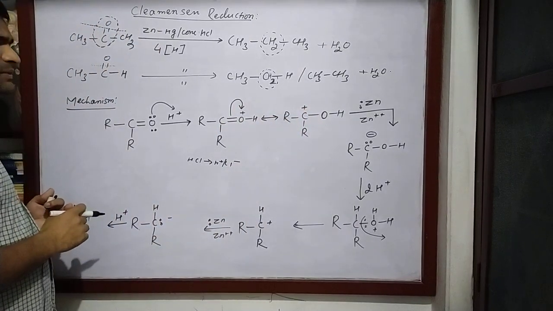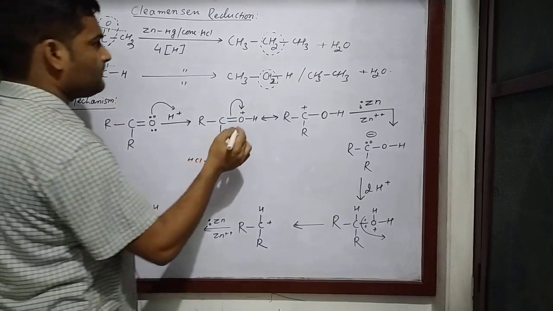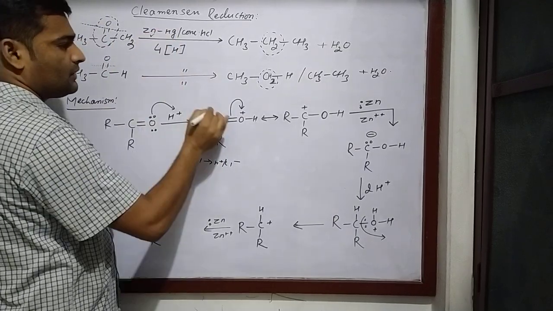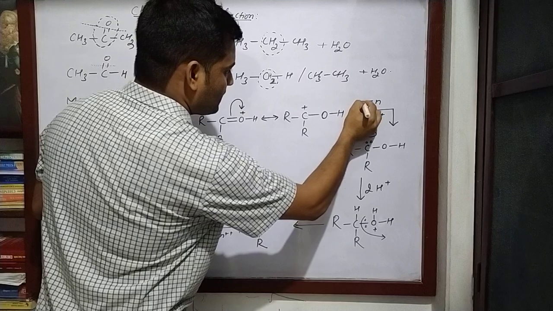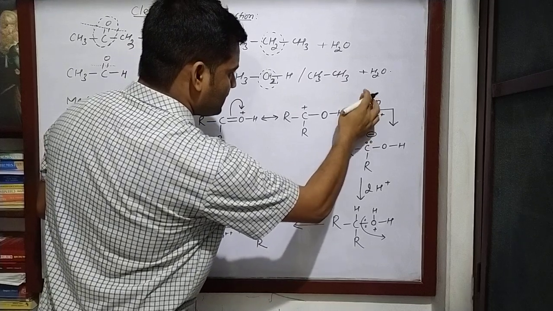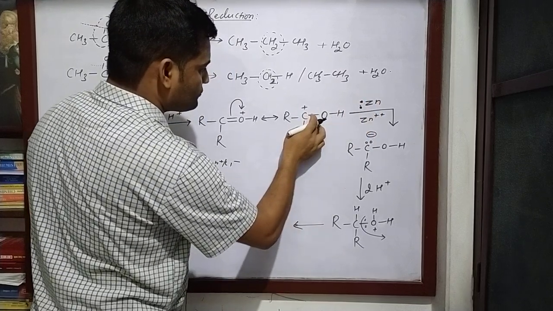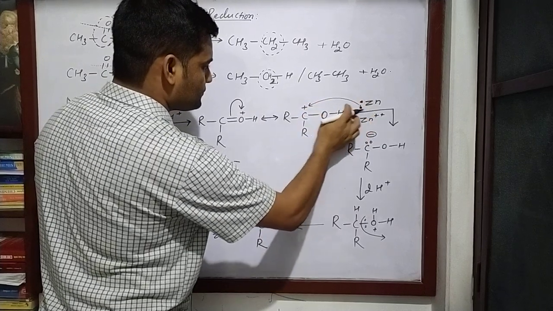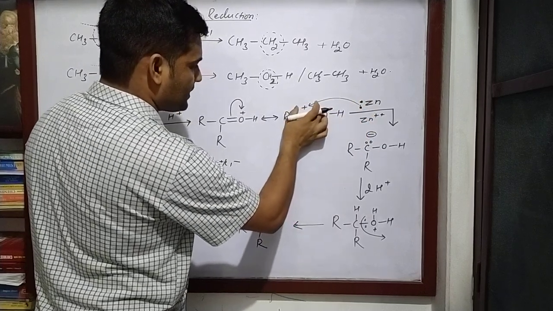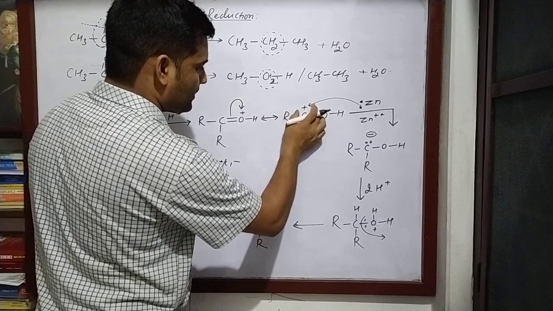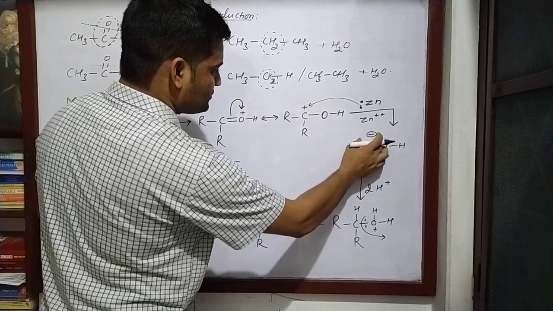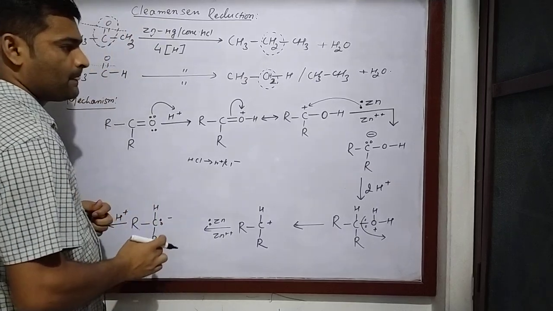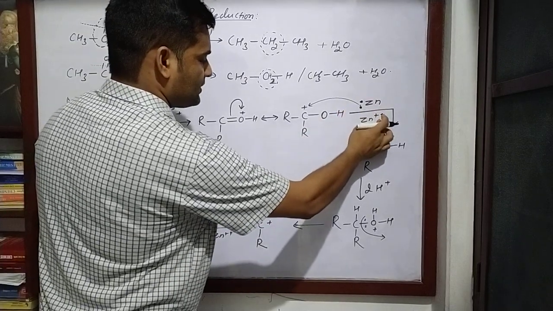In the next step of the mechanism, there is zinc metal, and zinc from its valence shell gives two electrons to the positively charged carbon. When zinc gives two electrons, the carbocation becomes a negatively charged carbanion, and zinc becomes Zn2+.